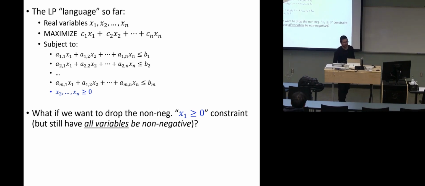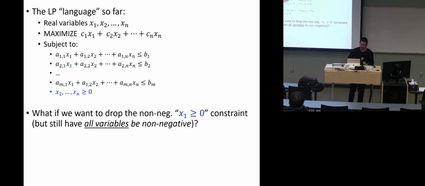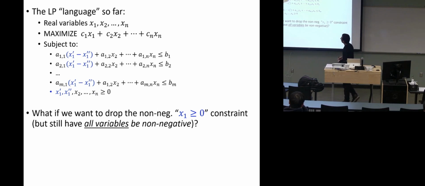Basically, solve one linear program where you say that x1 is positive, and then another linear program where you negate all the coefficients of x1. That will work, but what I want to do is to have just one linear program. The trick is to combine what you said into one linear program.